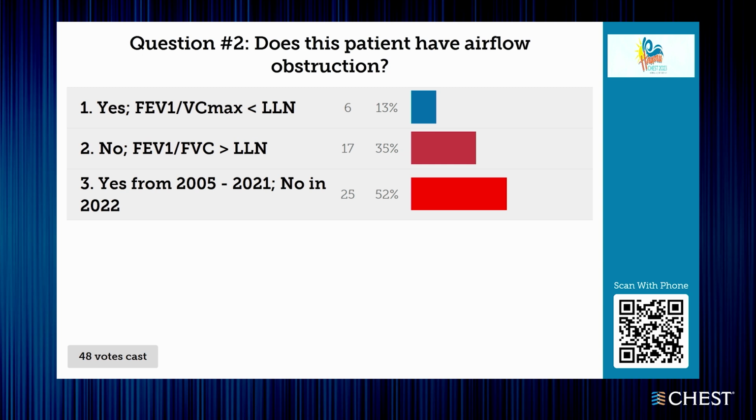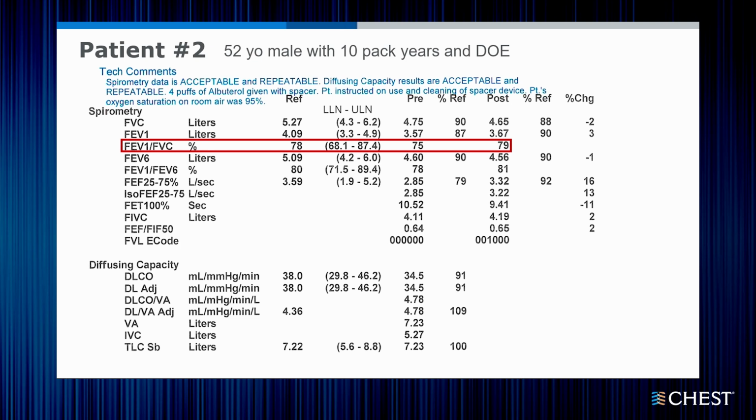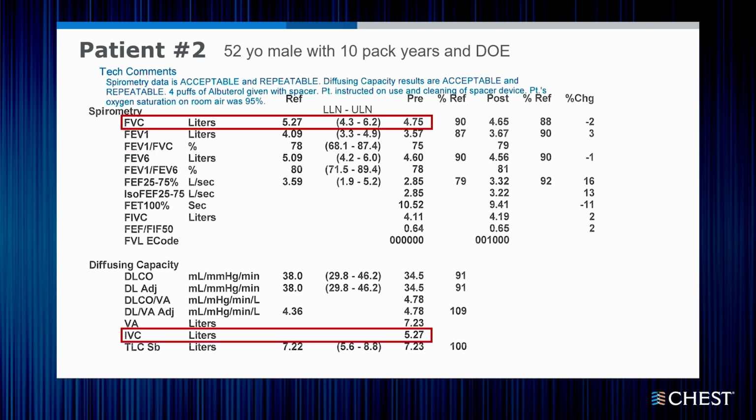Yeah, I think that is the right answer, is 3. So this patient, using a FVC, his FEV1 to FVC ratio is above the lower limit of normal. It was 0.75. But you can see here the FVC is less than the IVC performed with diffusing capacity.